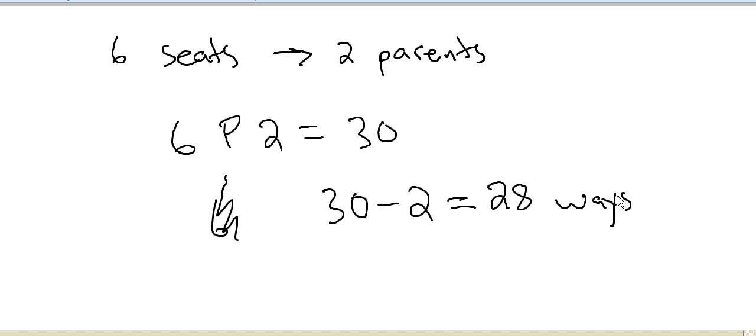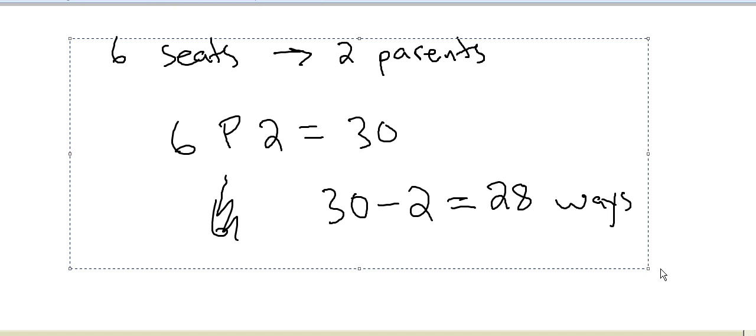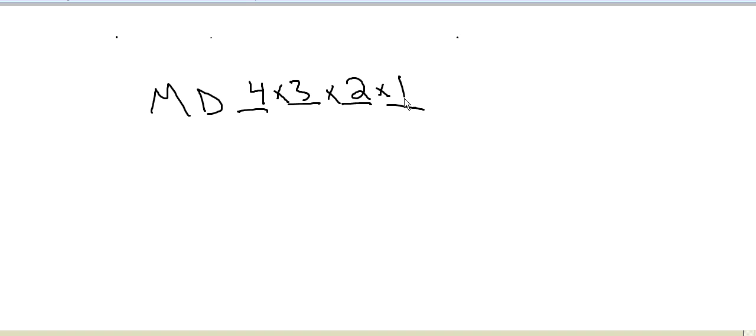Okay. And then when you seat your kids, so let's just say you have mom, dad, and your 4 kids. Well, that's 4 times 3, 2, 1. This here, that's a permutation. That's 4P4.